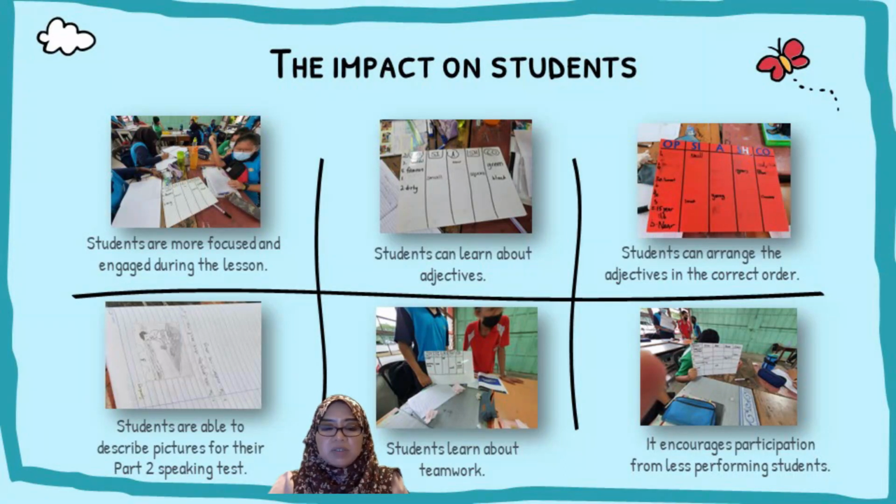Apart from that, students are able to describe pictures for their Part 2 speaking test. And they also learn about teamwork in carrying out the activities. And it also encourages participation from medium average students or good students.